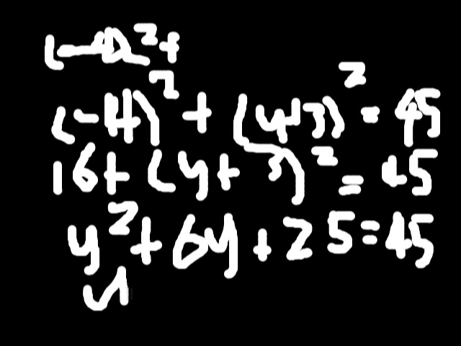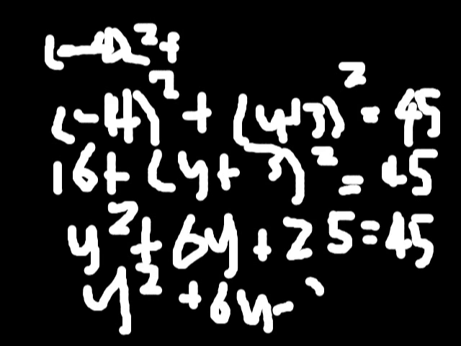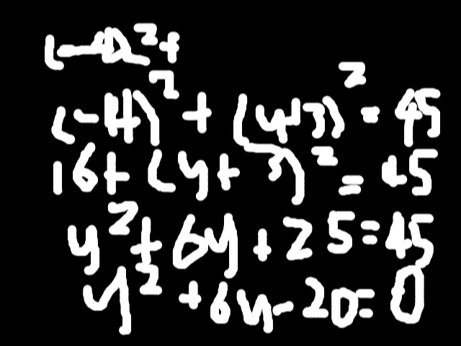And that y squared plus 6y minus 20 is equal to 0. Here, the factors of 20 are 10 and 2 and 5 and 4, and none of those really seem to add up to 6.